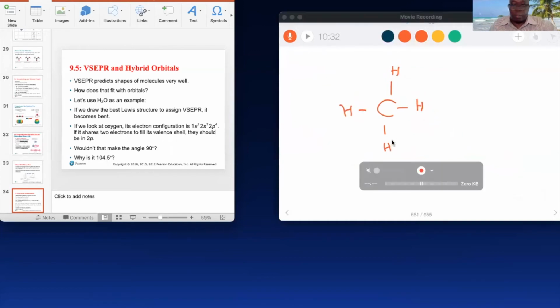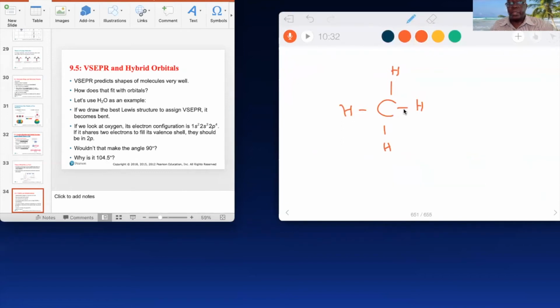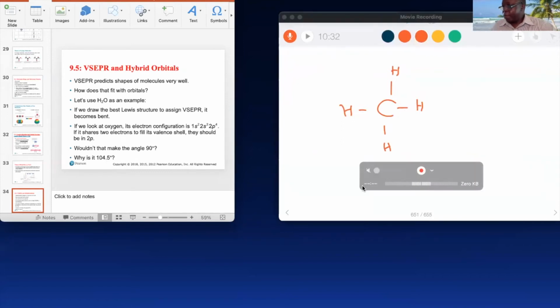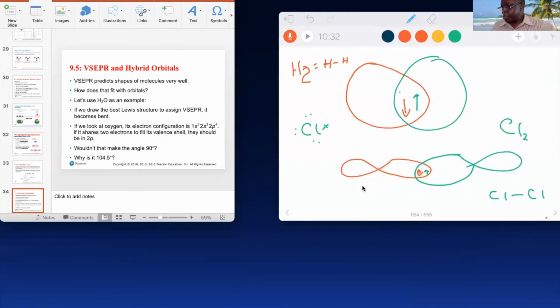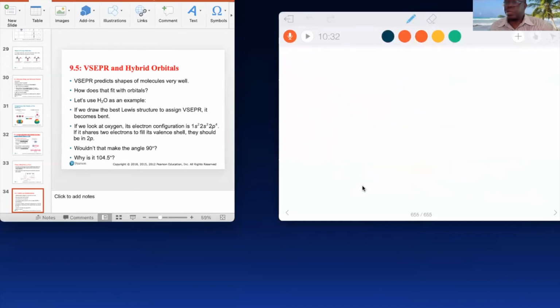You can draw the Lewis structure for that. But how does carbon form 4 bonds with 4 hydrogens?